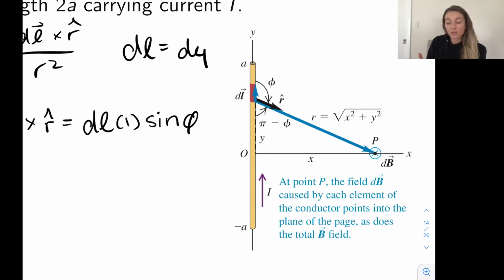So luckily we don't have to worry about x and y components canceling, but we do have to worry about this sine phi angle from the cross product. So how do we figure out what sine phi is equal to? Well, phi is the angle between I and r hat, which is given by this.